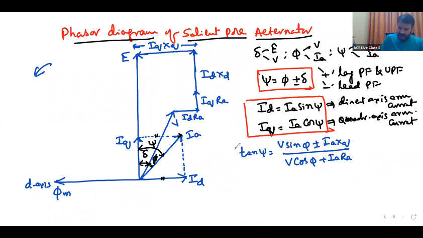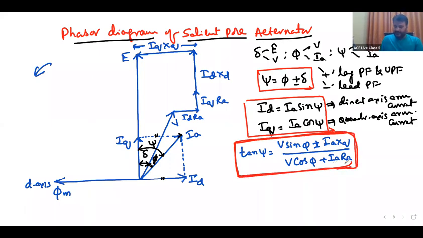How it comes, we are going to see; I will derive this equation. These are very important relations, on which we are going to do the problems. Plus is for lagging power factor and also UPF. Minus is for leading power factor. Tan psi is used to find the psi value.